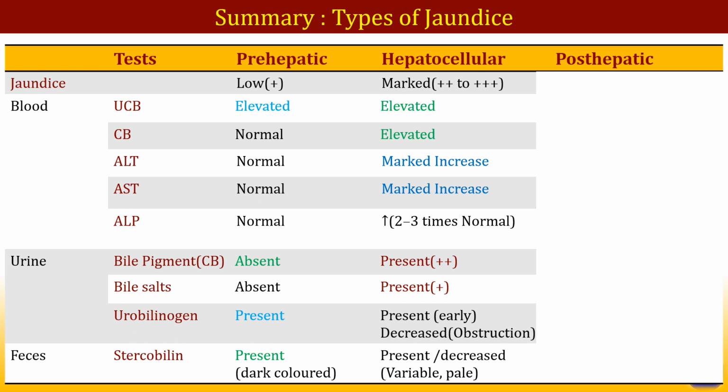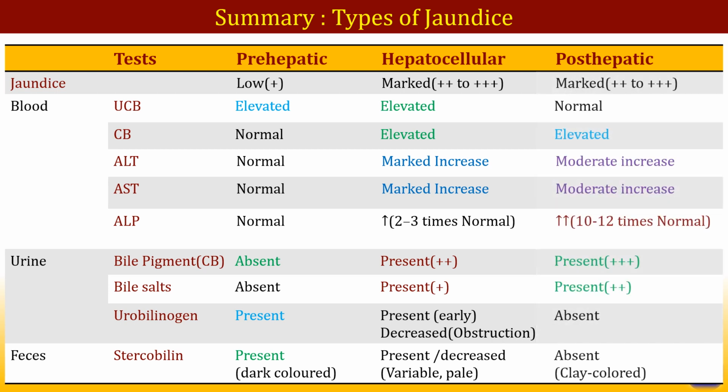In the feces, stercobilin will be present in the early stage, but later it can decrease, so it will give variable color to the feces. Mostly it is pale colored. So this is about hepatocellular jaundice.